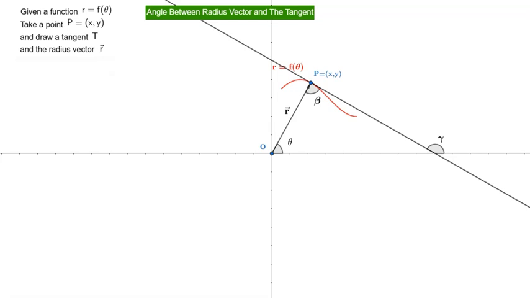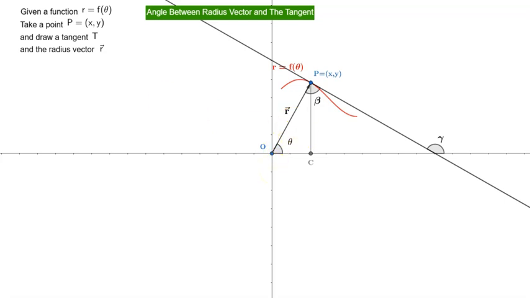Let's draw a perpendicular from P and name this point C. So we end up with a right-angled triangle. In this right-angled triangle, what do we get? We get cos theta is equal to adjacent side by hypotenuse. So this is x divided by r.